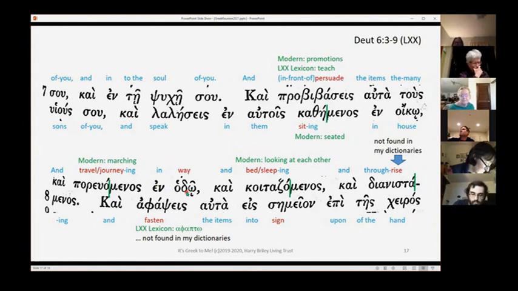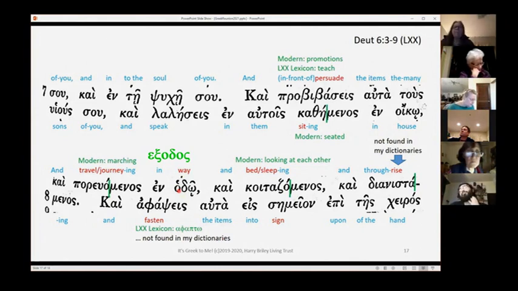hodos is where we get the word exodus. Hodos is way, exodus is out way. So this is, I'm exiting from Egypt is exodus. Hodos, way. And bedding or sleeping, I had to laugh. Google says, looking at each other.